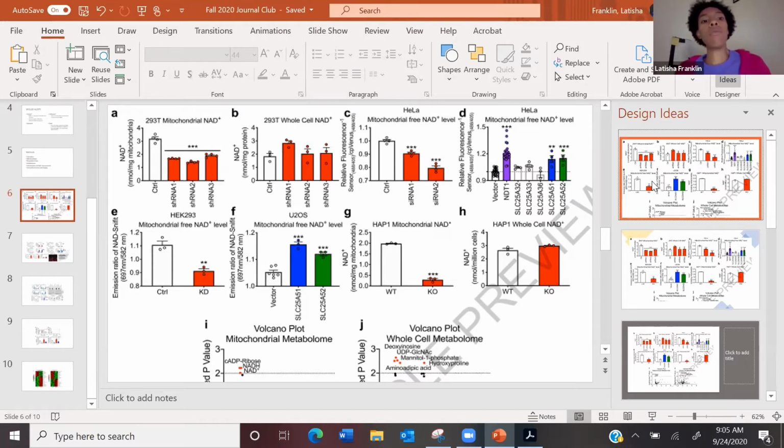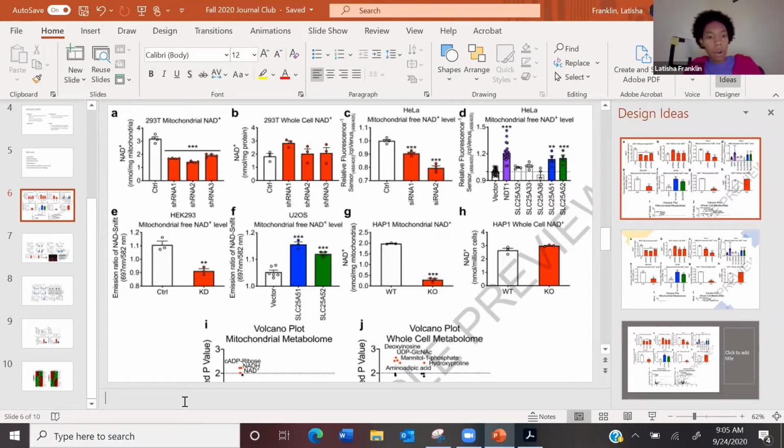I don't know what 293T is. I'm assuming it's a type of cell line, and we're only looking at the NAD plus in the mitochondria. I like to make notes of what I didn't know going in.